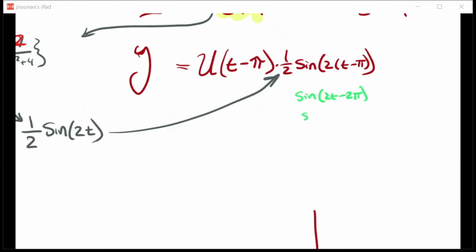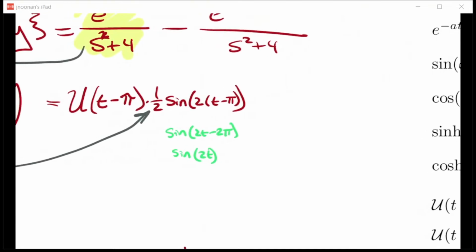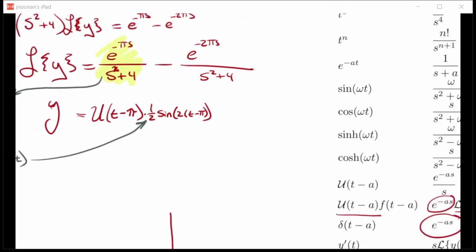This is going to be sine of 2t. Yeah, this is correct, because the sine function has a period of 2 pi, so it's going to be the same if you move 2 pi. Okay, very good. It's unnecessary, but it's nice. If you want to make it look like the back of the book, I guess you have to do it the Roston method. But let's go ahead and get this second one, and then we'll call it a day.